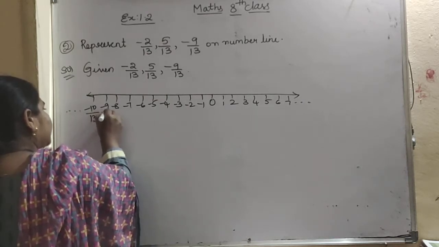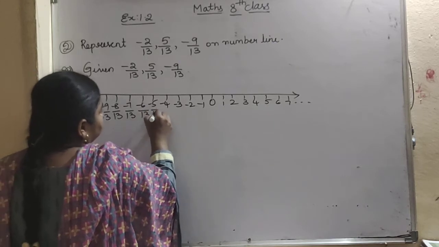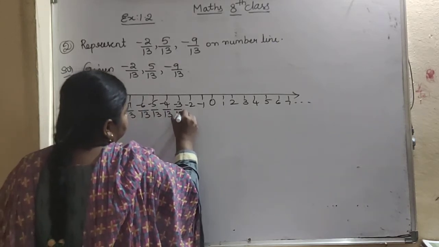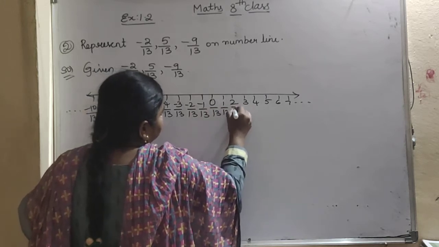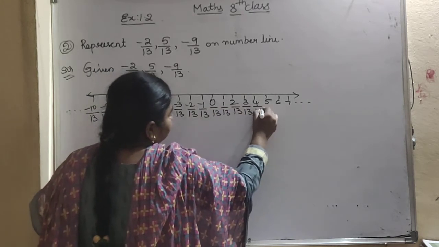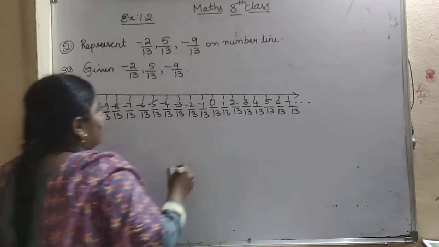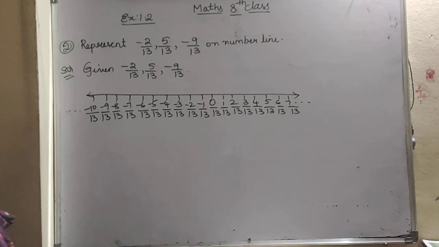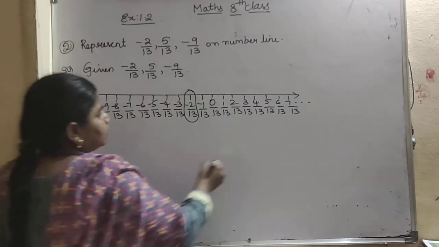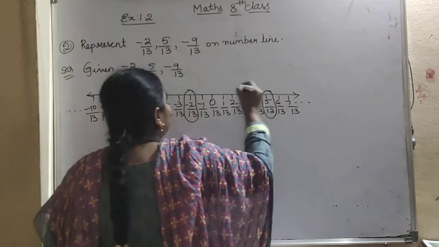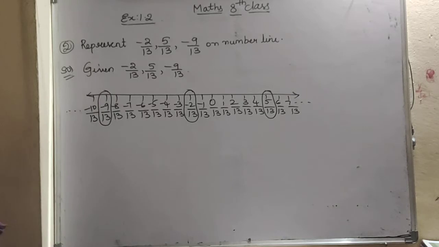So divide by 13. So now represent the values. -2 by 13, so this is -2 by 13. Next is 5 by 13. This is 5 by 13. And -9 by 13 is this. So this is our second bit.